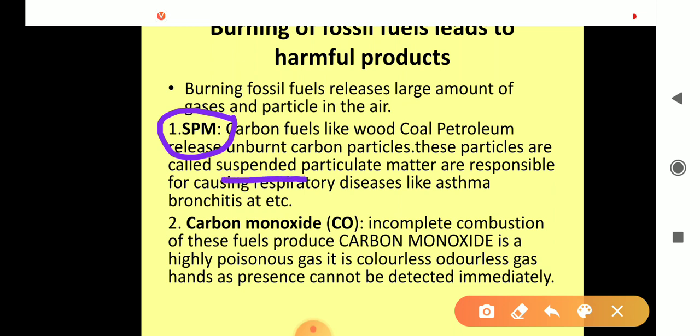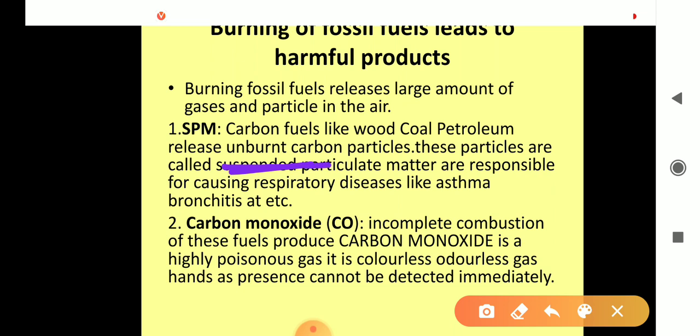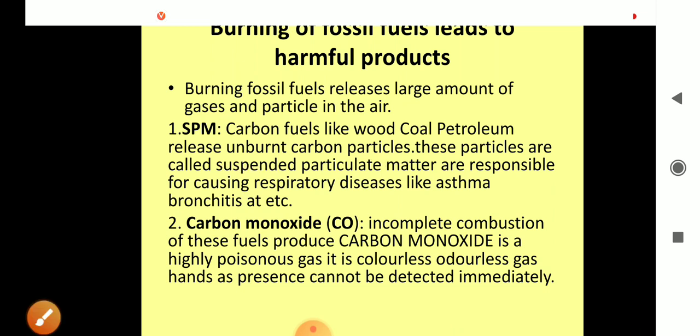Carbon fuels like wood, coal, and petroleum release a large amount of unburned carbon particles, right, carbon particles which do not burn completely. These carbon particles are called suspended particulate matter, and these particles do not settle down. They cannot settle down anywhere, so they keep floating in the air.